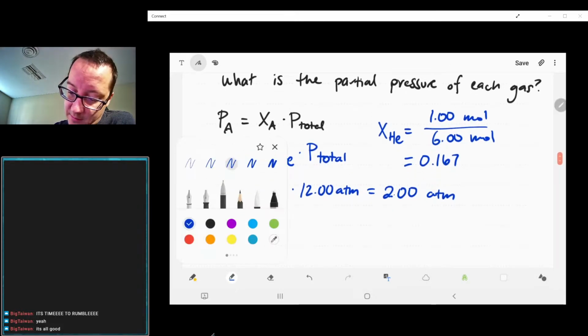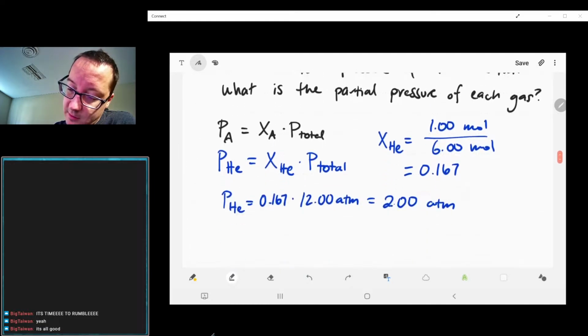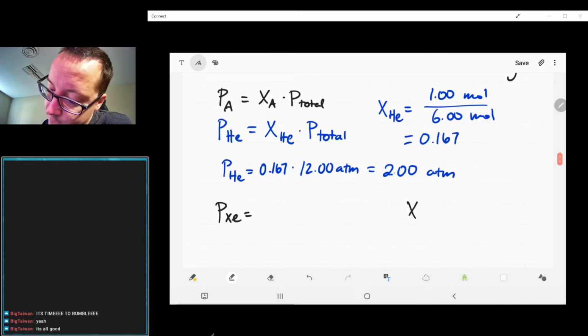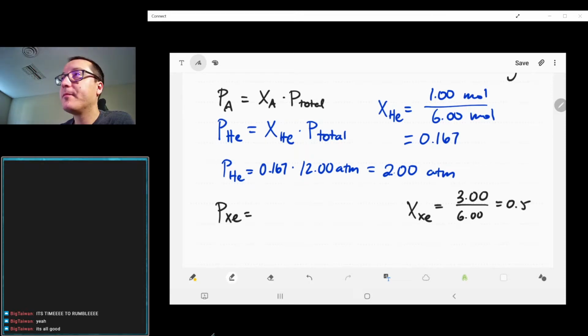And if we do the same thing for, what else did we have in here? Xenon, okay. We'll be a little bit quick this time. The mole fraction of xenon will be just 0.5, technically with 3 sig figs, so we should keep that.